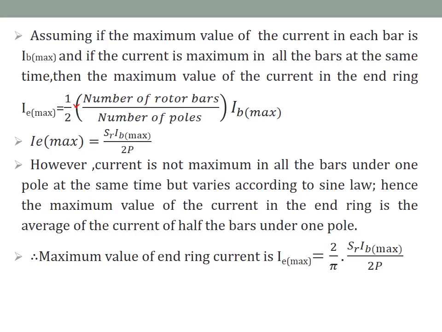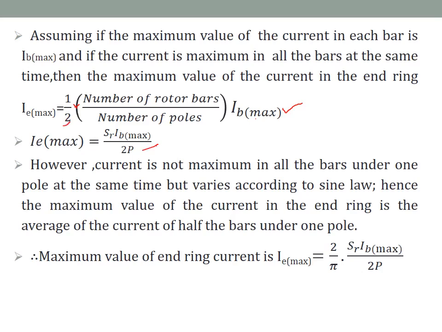This half is multiplied because half of the rotor bars constitute current in one direction. So IE max is equal to SR, number of rotor bars, into IB max divided by 2P.